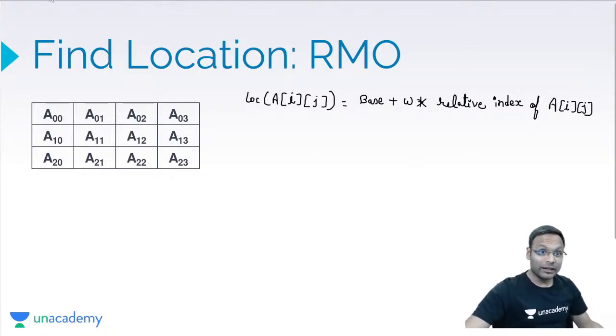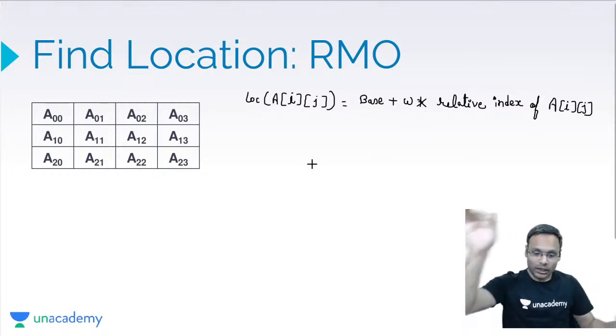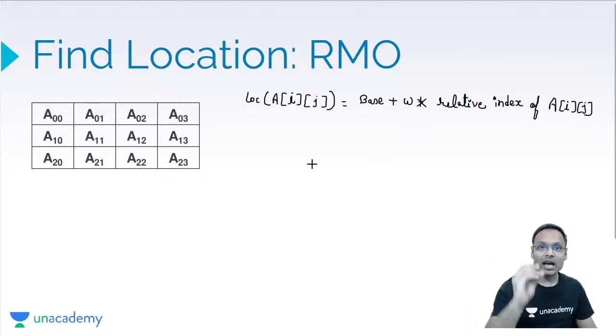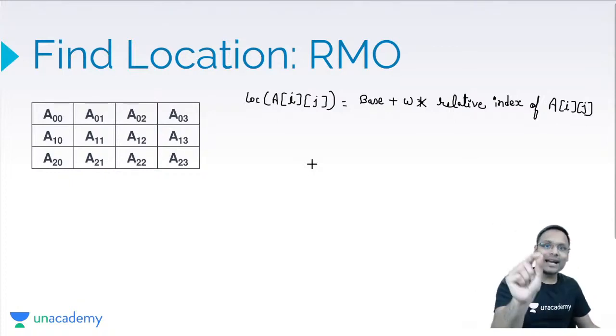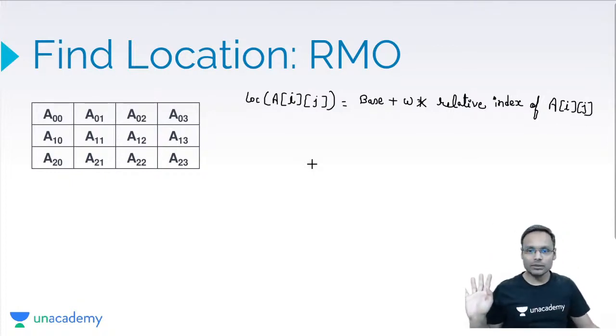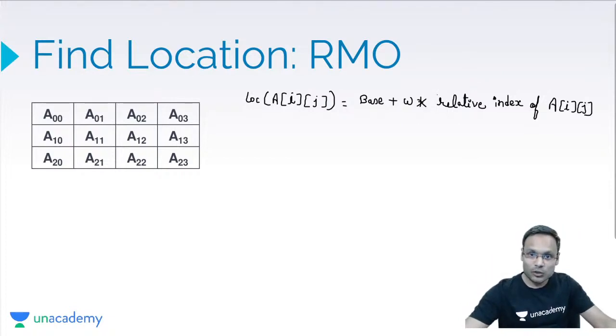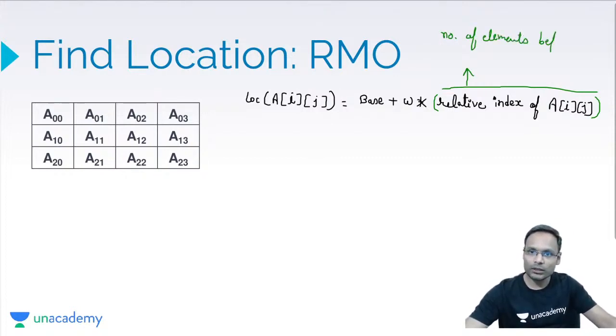Now what is relative index? I am repeating again. The relative index is how many elements are present before that element in the array. Relative index is, when you are storing the array in the memory, how many elements are stored before this element A of ij. That is the relative index.